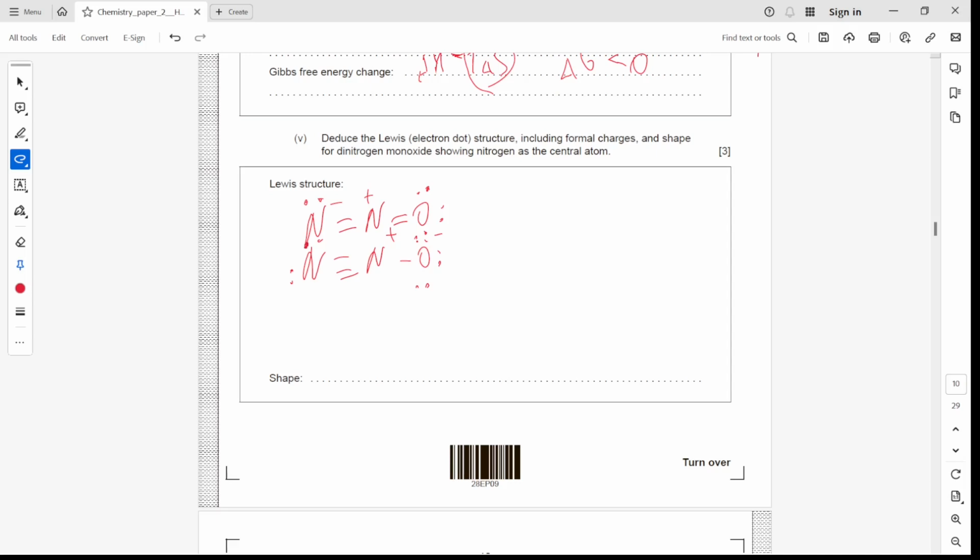Like this. And they are both linear because it's sp configuration for the center of nitrogen, right? In both cases. So it's going to be linear.